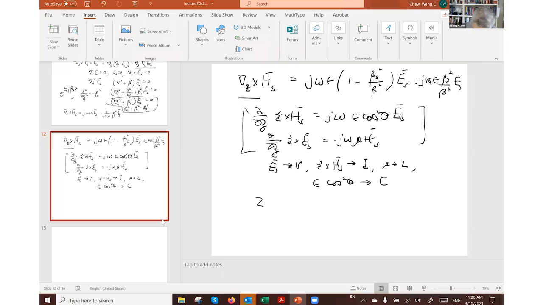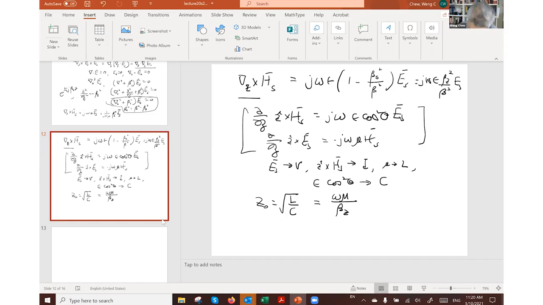And then you can define a characteristic impedance, which is this. And for this particular case, you'll find that it becomes just omega mu over beta Z. Okay, beta Z is the beta Z of the rectangular waveguide.